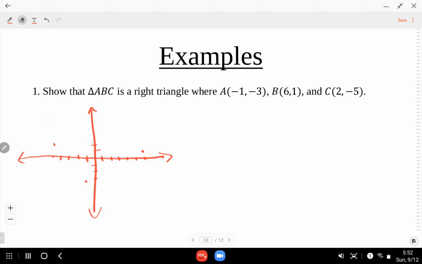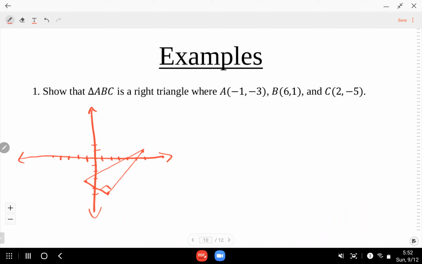Oh wait, I made mistakes. Here, this should be the triangle. So you get a triangle like this. Okay, that's your triangle. So how do we prove this?